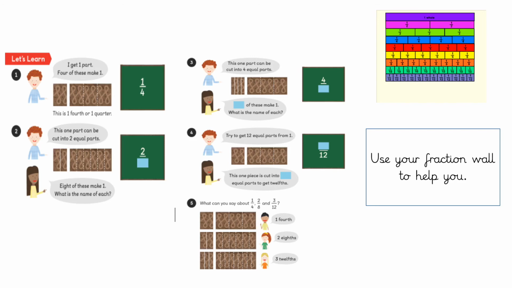If you have a look at your fraction rule, you will see that 3/12 is equivalent to 1/4. 3/12 are the same as 1/4. This tells me that I can have more pieces, but exactly the same amount. And we know this because they are equivalent fractions.